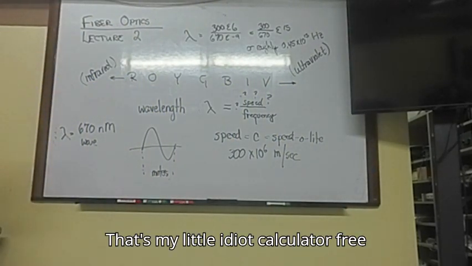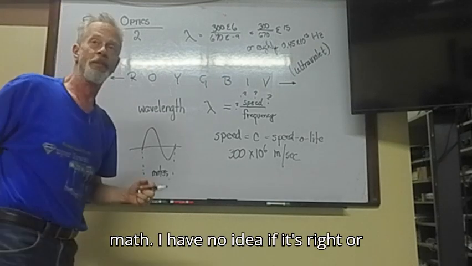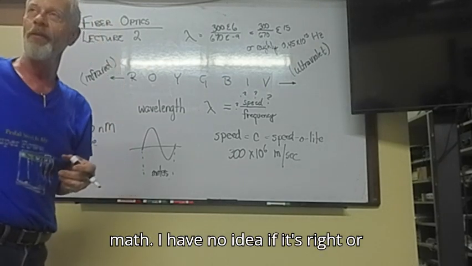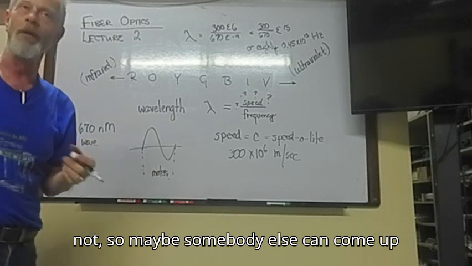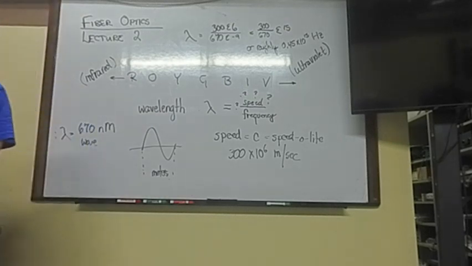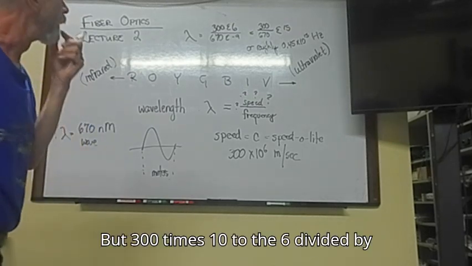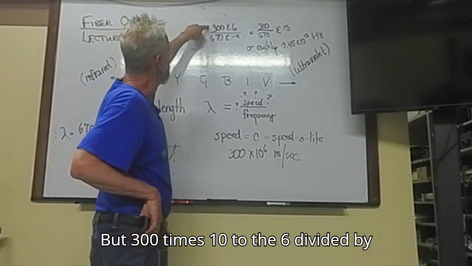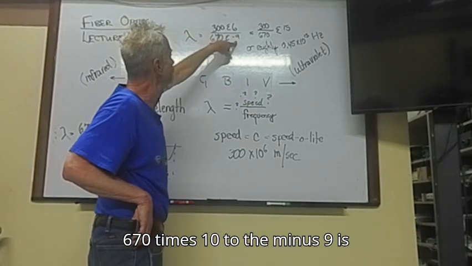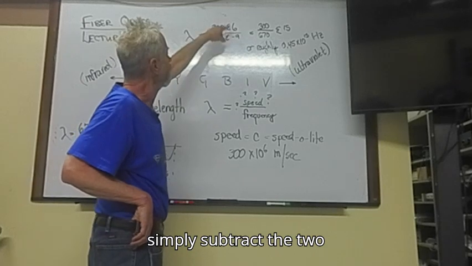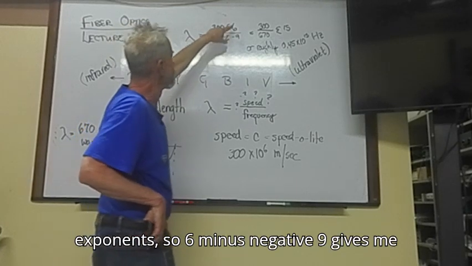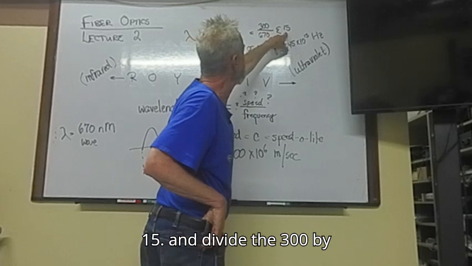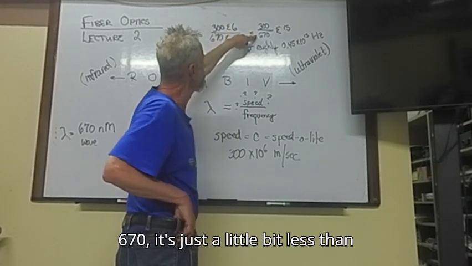That's my little idiot calculator-free math. I have no idea if it's right or not, so maybe somebody else can come up with the actual answer. But 300 times 10 to the 6 divided by 670 times 10 to the minus 9: simply subtract the two exponents, so 6 minus -9 gives me 15, and divide the 300 by 670.